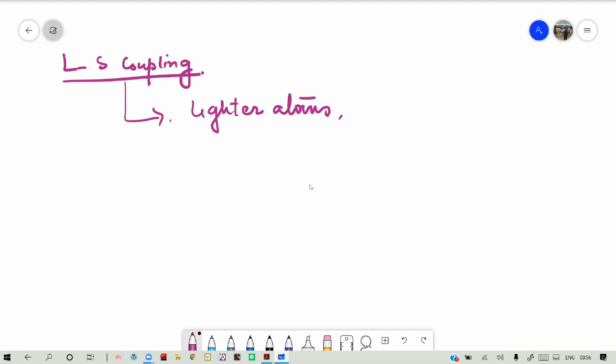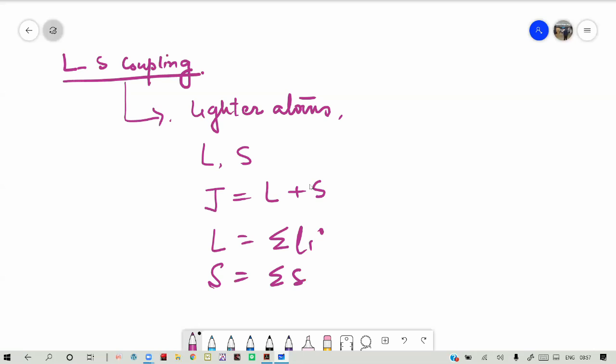The total orbital angular momentum and total spin angular momentum individually add, that is J is equal to L plus S, while L is the summation of Li for i electrons and S is the summation of Si for i electrons.